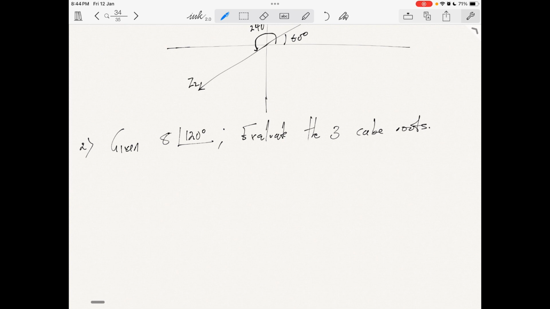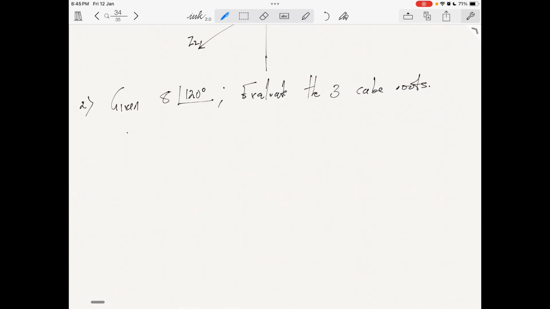The first thing to do is to evaluate the first root, and the first root can be done using De Moivre's theorem, such that we recall that if z is equal to r argument theta, then z raised to power n is equal to r raised to power n argument n theta.